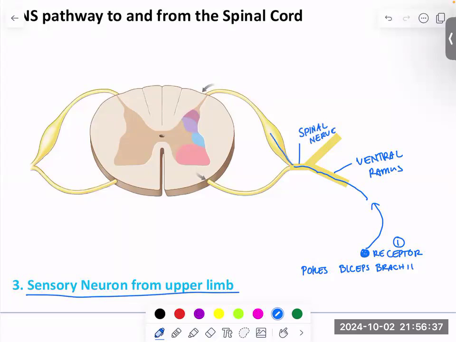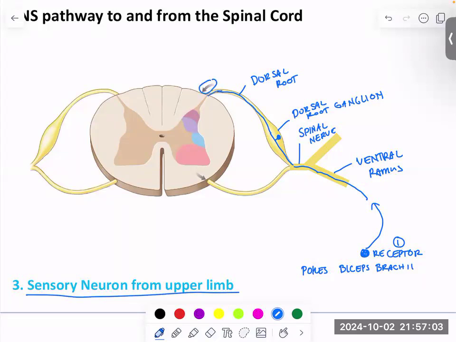It goes into the dorsal root ganglia first. Then the dorsal root. Remember, the dorsal root and the dorsal root ganglia are sensory pathways only, because you can even see the arrow.